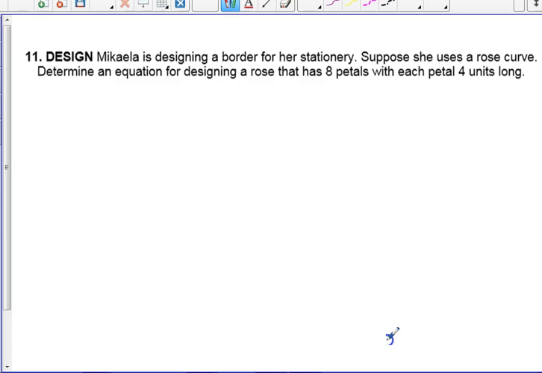Okay. Number 11. We're supposed to write an equation so that she can make some pretty stationery. It says she wants 8 petals with them being 4 units long. Any ideas? Which number goes out front? The 4 units long.